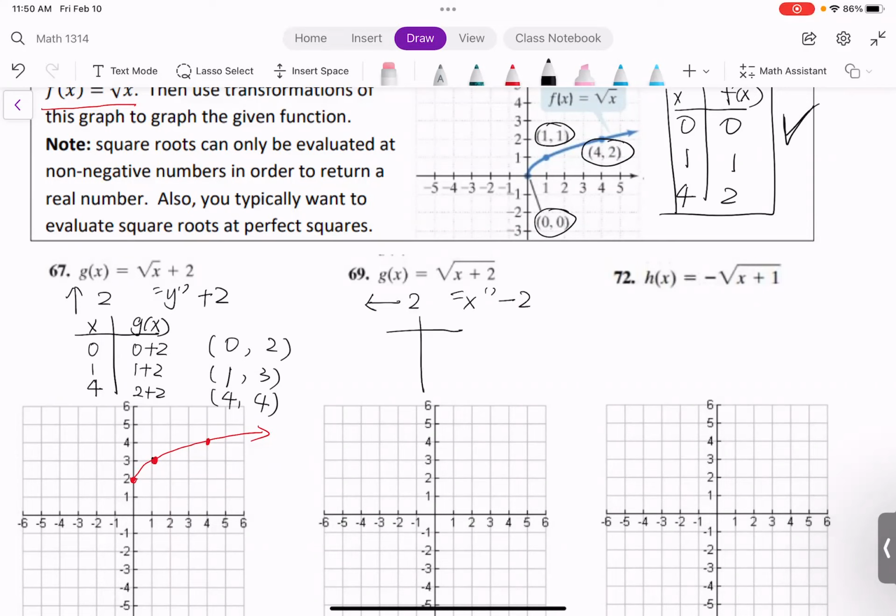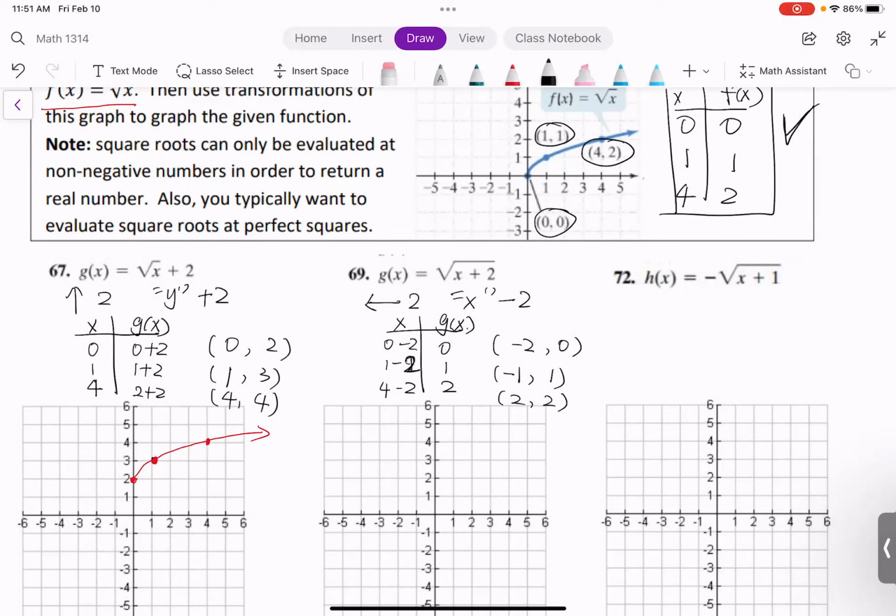For the new key points, only x changes, y doesn't. So all the x minus 2: 0 minus 2, 1 minus 2, and 4 minus 2. And y doesn't change: 0, 1, 2. The key points are negative 2, 0, negative 1, 1, and 2, 2.